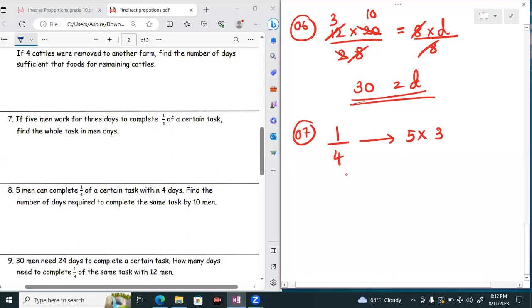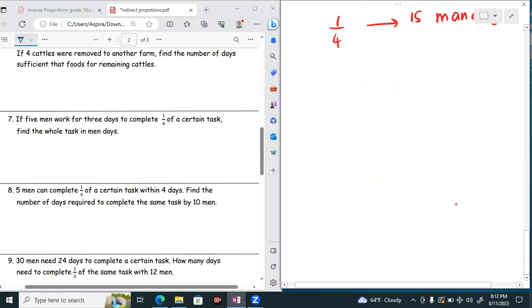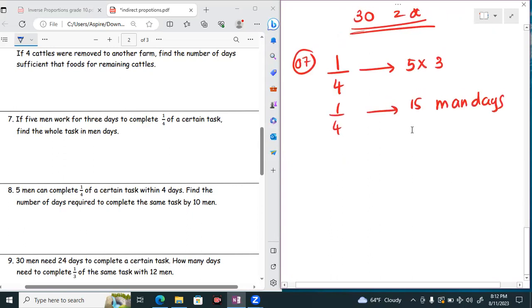That means 1/4 of the work means 15 man days. Then to find the magnitude of the work, this side should be equals to 1. Then multiply by 4. 1 is 15 times 4, it is 60 man days. Okay.